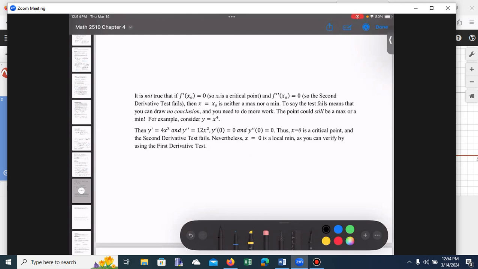And like I did, we had to do a little bit more work to determine if there's a maximum or minimum there. If you look at y equals x to the fourth, which we've seen in the last video, there is going to be a minimum, but the second derivative and the first derivative will both be 0 as well. Right? So just because it fails doesn't mean there's not a max or a min.